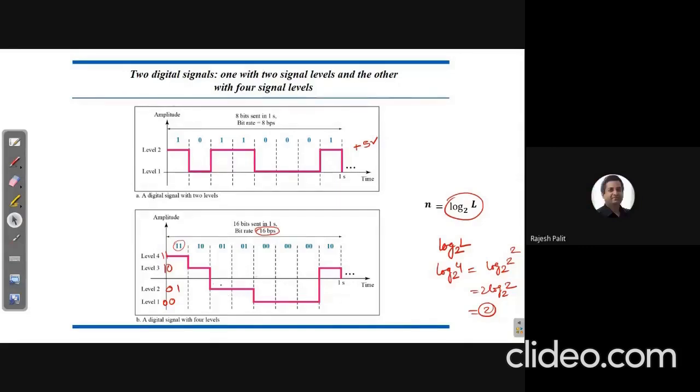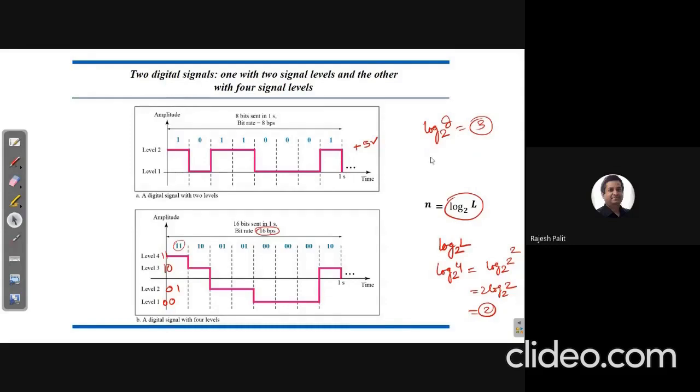I said, it depends on the design. If you want to have, say, 8 levels, that is a part of the design. Then how many bits for each level? log 2 of 8, which is 3. Now you can ask me, I want to make it 256 levels, or 1024 levels, or 32 levels. That depends on a couple of things.